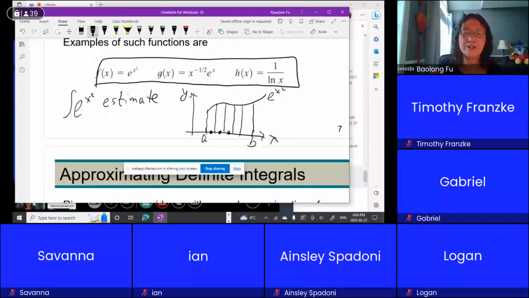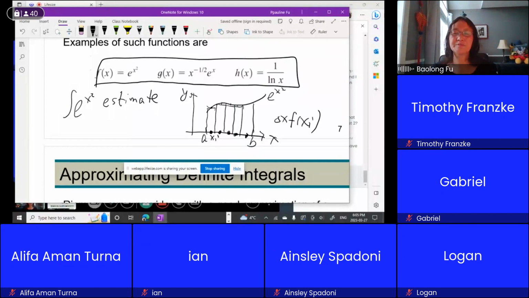Remember before we pick a midpoint of each subdivision, and then we divide into rectangles. So it looks like there's a rectangle here, rectangle here, rectangle here. Okay. So we actually use delta x, then f of xi, where xi is the midpoint. And we add them all. We use this method to estimate. Okay. This is from last class, or 2 classes ago.